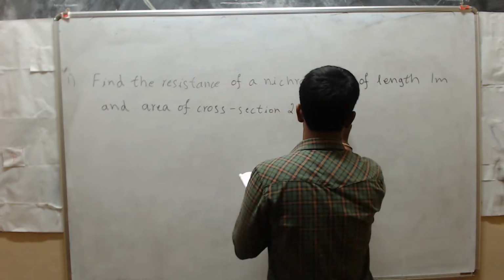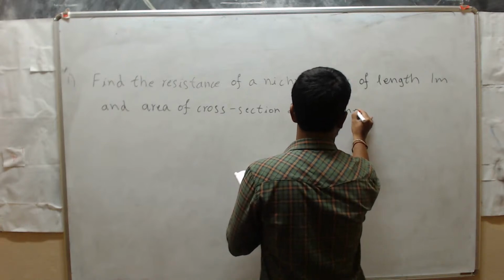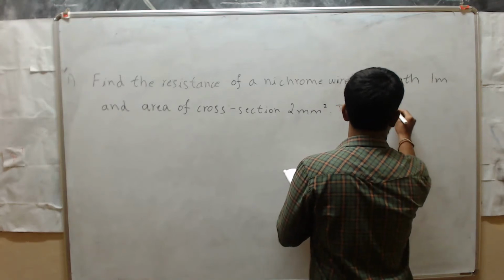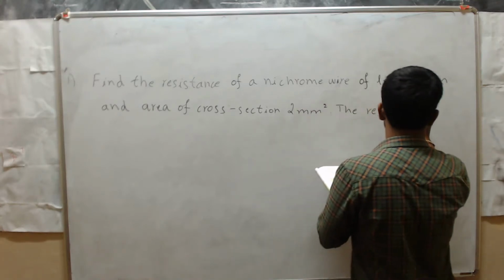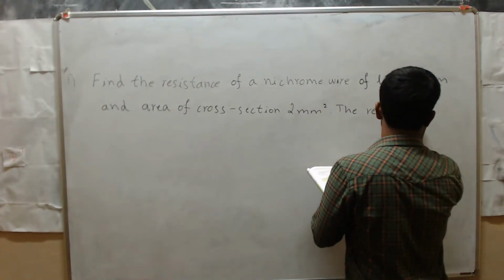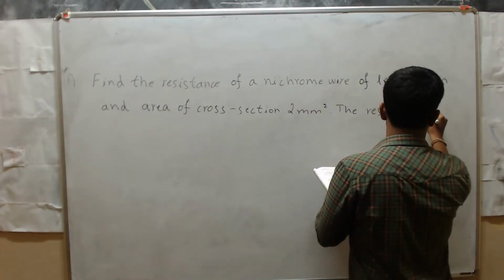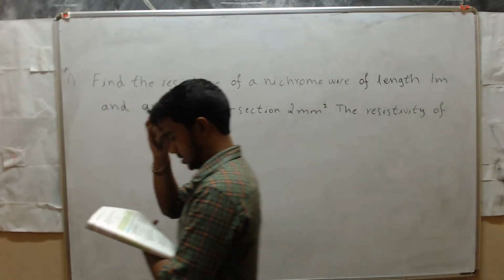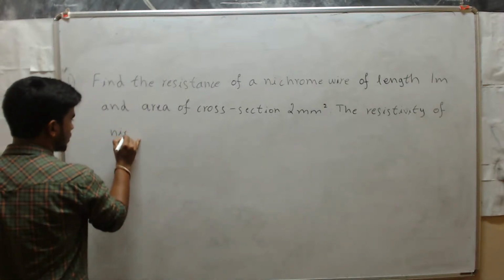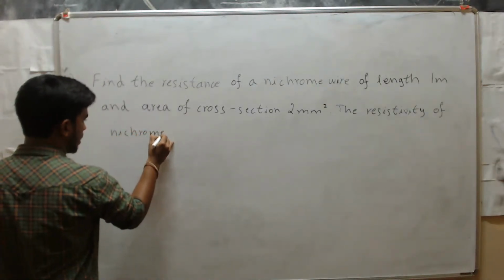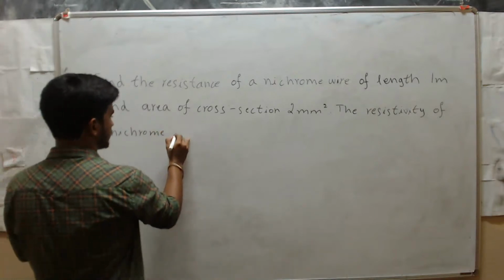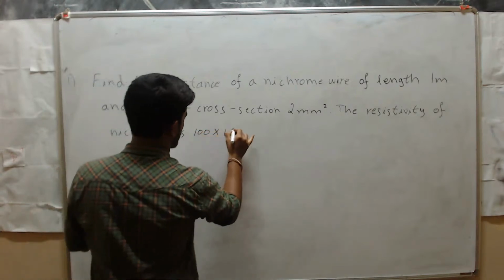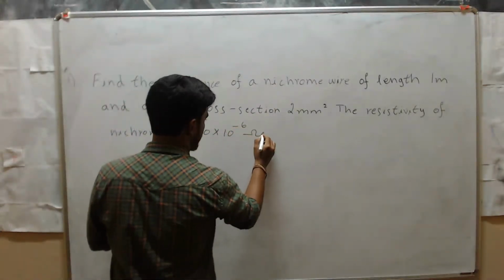Okay, so the resistivity of nichrome is 100 into 10 raised to the power minus 6 ohm meter.